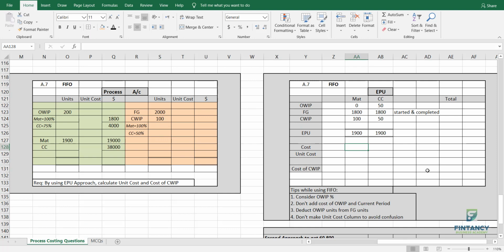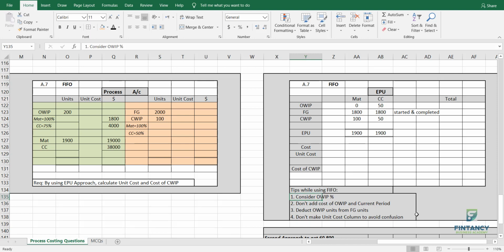Okay, everyone. Now next question in your mind, how much cost I should take? Remember how much cost we took in weighted average? We said we will add the cost together because we were doing weighted average. But here you will not add the cost together. You will only take current period cost. See, I have written number 2 for you. Don't add cost of opening and current period.